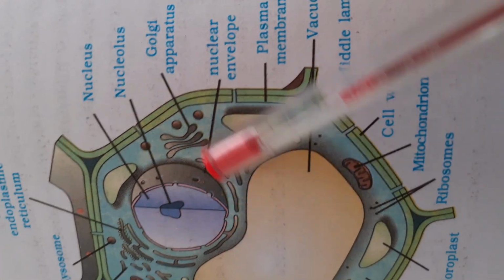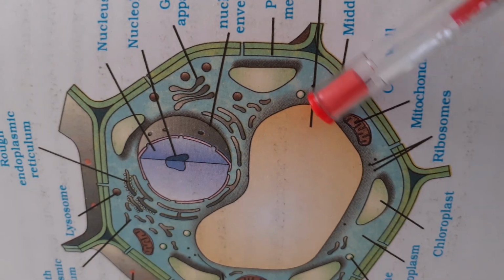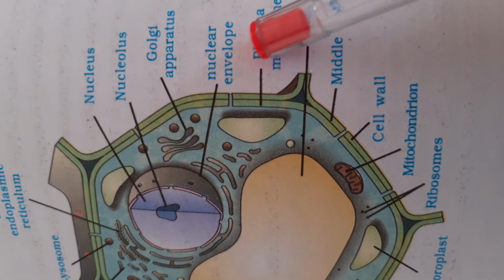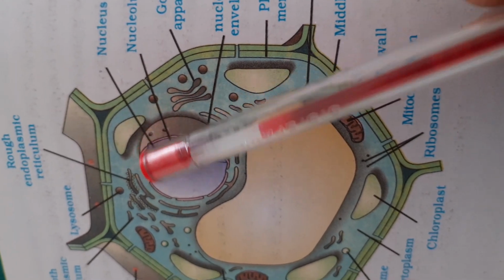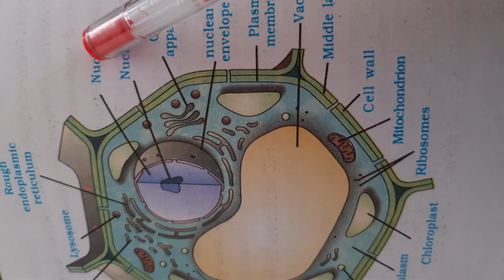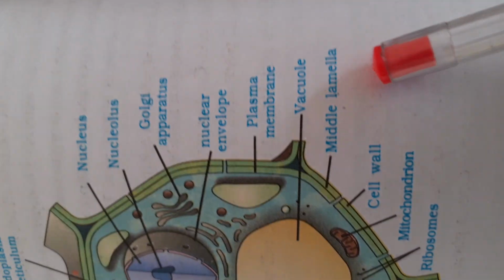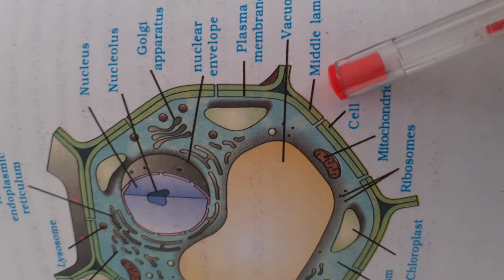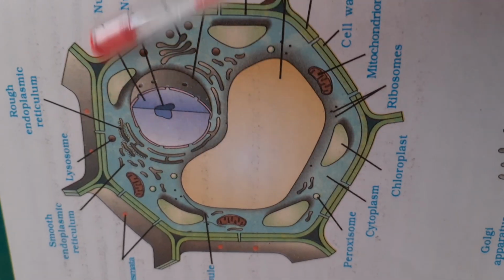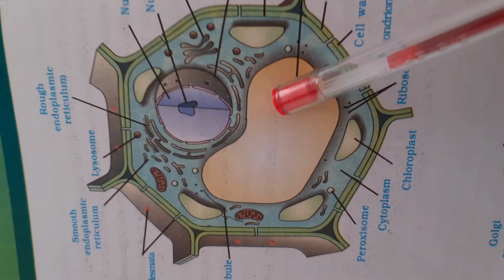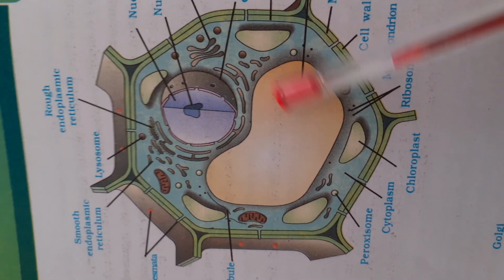All these are different structures present in eukaryotic cells: Golgi apparatus, nuclear envelope, and the nucleus, where the DNA is surrounded by a membrane. This is the reason you call it a nucleus. And the plasma membrane is internal to the cell wall. If you say plant cell, it will have a big vacuole and a cell wall.